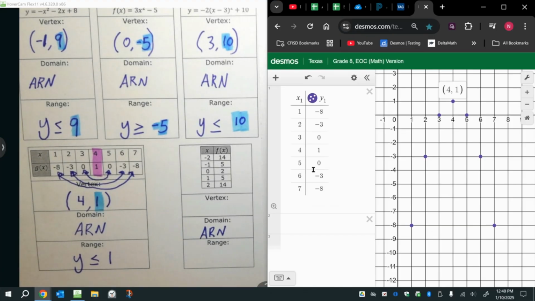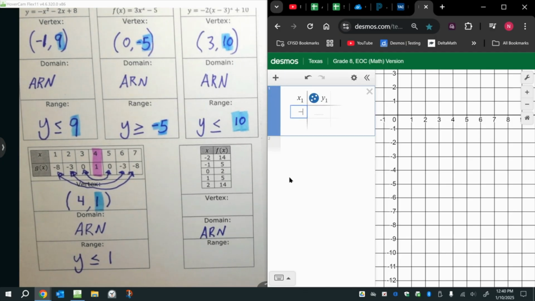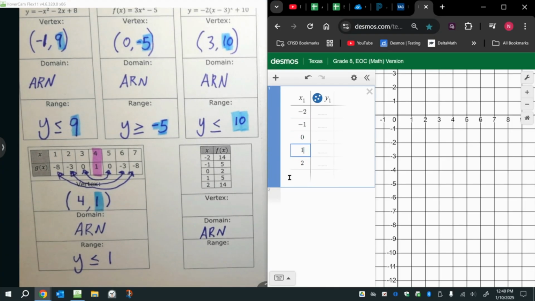All right, and looking at the last one, let's close that out. Let's add this. We'll say I got -2, -1, 0, 1, 2, and 14, 5, 2, 5, 14.